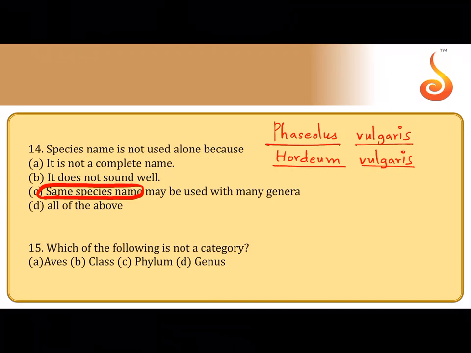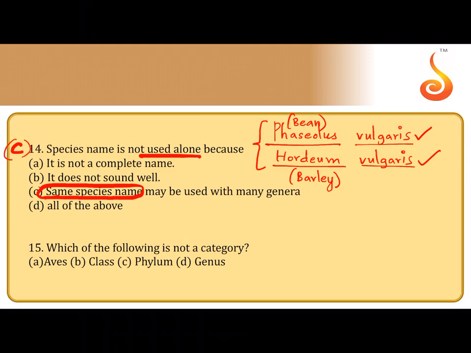They are not related. They have different genus names, but see, their species name is the same. Now, one of them is a bean, and one of them is barley. So, if I simply say vulgaris, you will not know what I'm talking about because both of them, even though they are not related, only their name is the same, their species name is the same. That's the reason why you should not use it alone. So, it is option C.